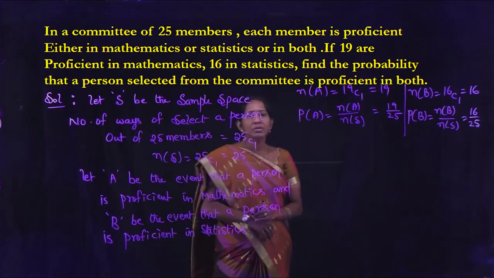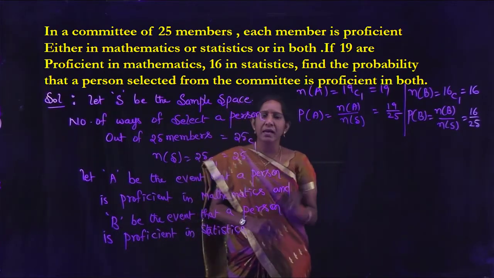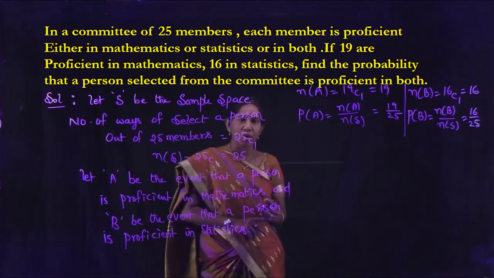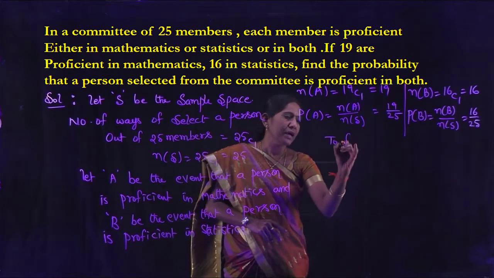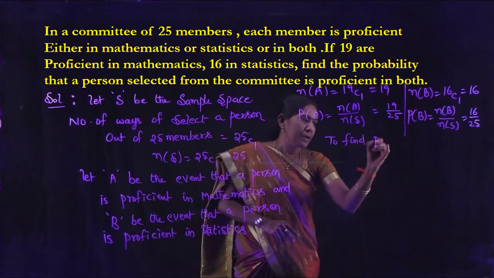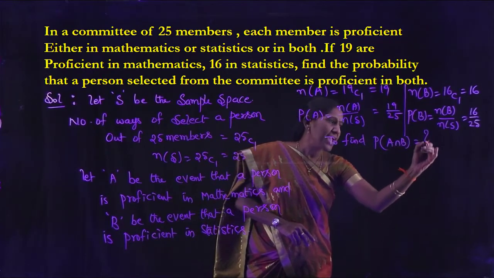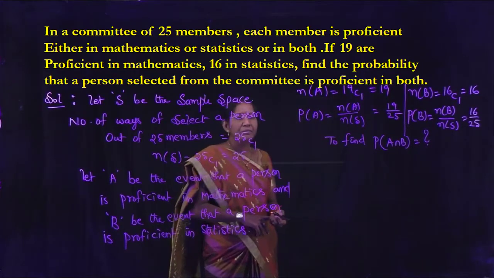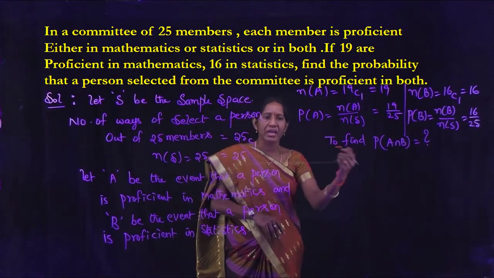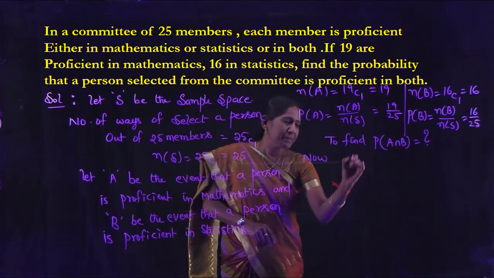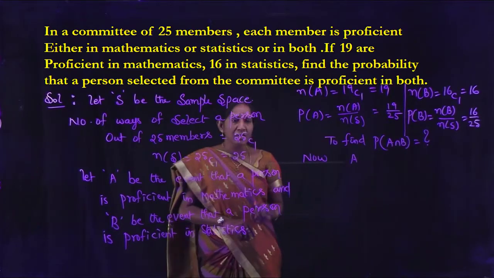Here we want to find the probability that a person selected from the committee is proficient in both. So the probability that a person is proficient in both is denoted by P of A intersection B. So we have to find P of A intersection B. Now in this experiment A and B are events.